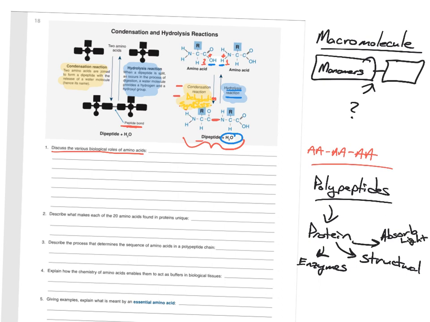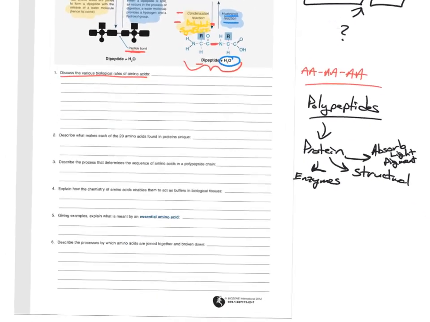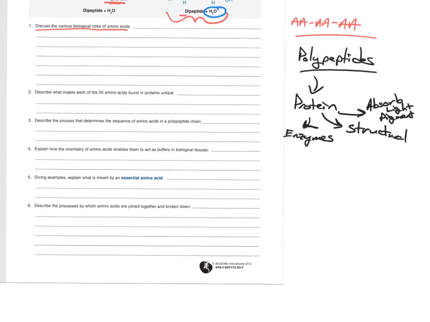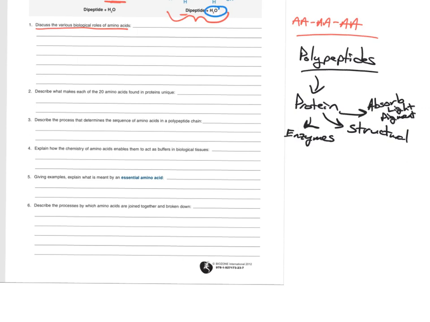So they can act as pigments, and we looked at that in our lab. So there's a lot of different things that proteins can do. They really are the workhorse of a living system. So they do a lot of the work that a living system needs to do. They are the bricks, if you will, where your system is the house.